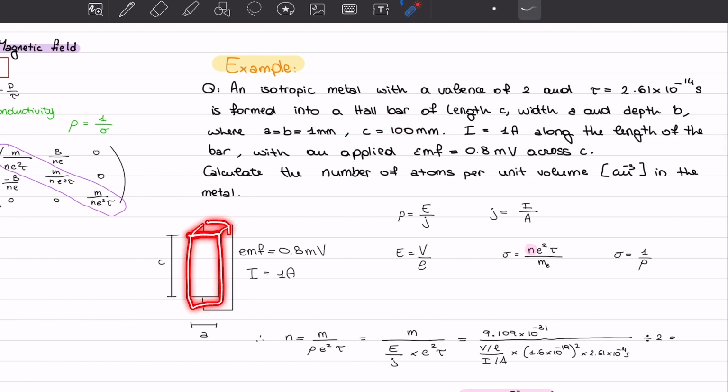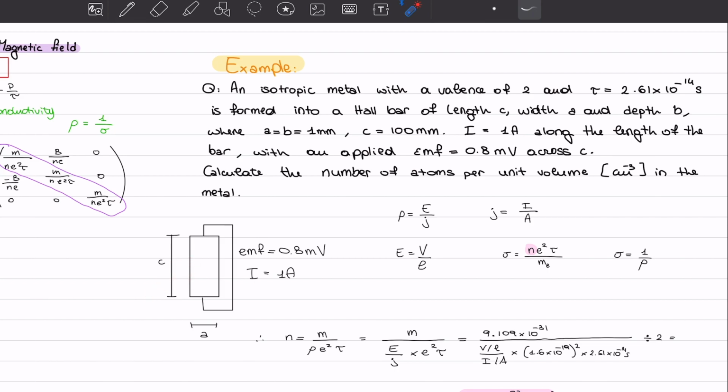I haven't drawn it in 3D, I'm just going to sketch it like this, with length C, width A and depth B. It tells you the dimensions, and then it also tells you that there is a current along the length. So along C, there's a current I, and there's an EMF applied of 0.8 across C, so this way.